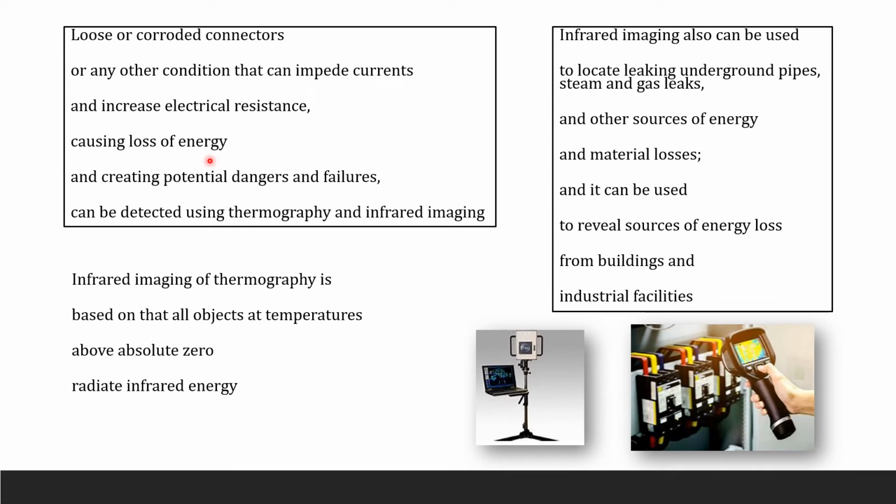Okay, coming back up from internal to outside, so loose or corroded connectors. Corrosion comes from erosion, previous slides, or any other condition that can impede the currents. Current again is your I, and you usually study its intensity with your amps, and increased electrical resistance is going to cause loss of energy.